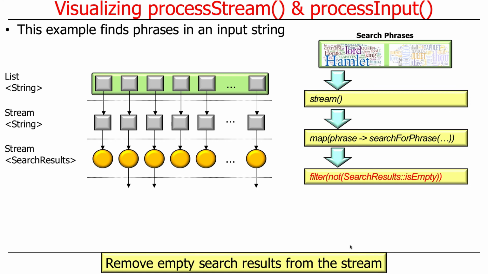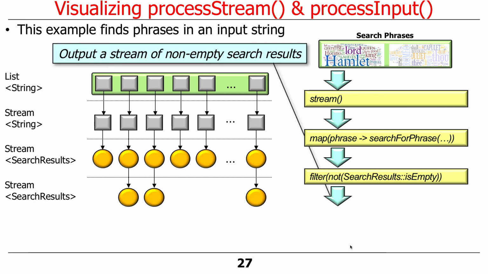And you can see that from the method reference and the predicate negator here. So only allow stuff that's not empty. That's what that says. And so what we end up with there is a stream of non-empty search results. So you can see here we winnowed it down from everything to just a few, whatever matched, if any matched.